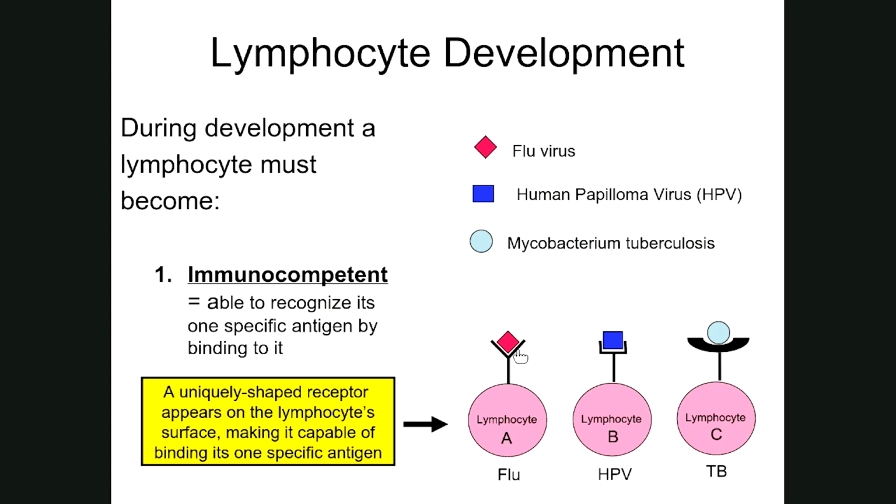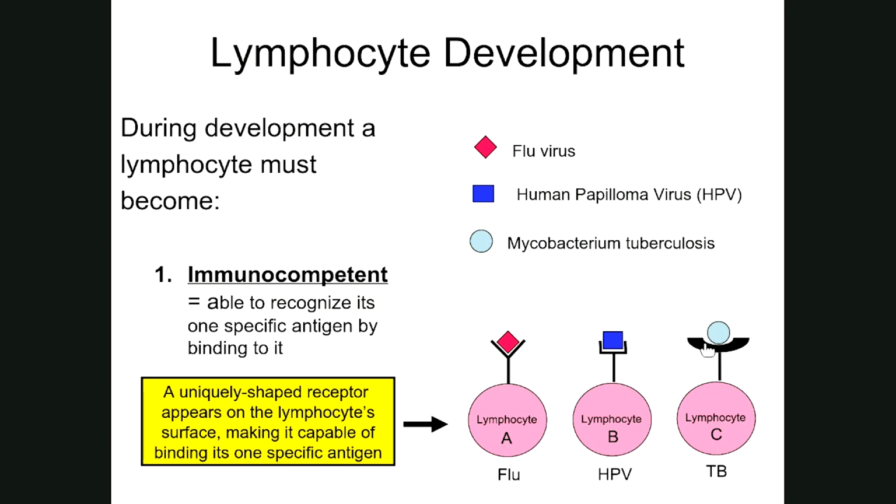Here's lymphocyte B, just my example of another lymphocyte that's developing. When it becomes immunocompetent, I'm showing it as developing kind of this square-shaped receptor on its end. And then here's another one, lymphocyte C, which I'm saying is specific for tuberculosis bacterium. And when it becomes immunocompetent, it's going to sprout a receptor of a different shape.